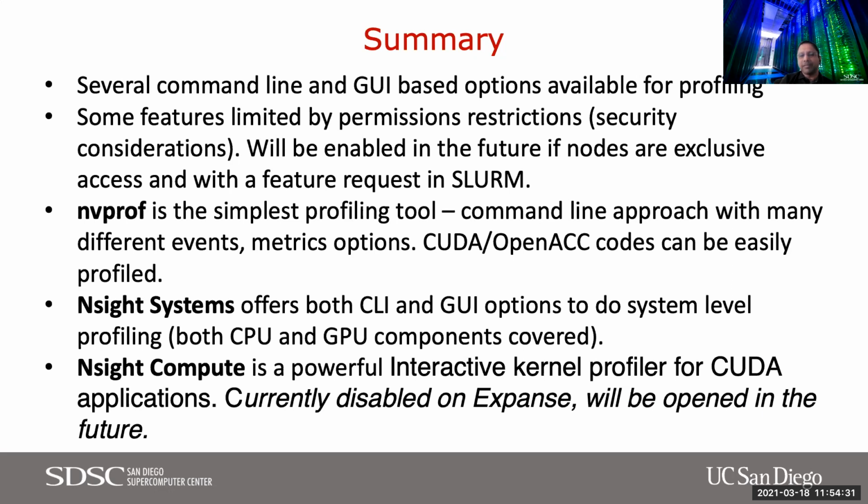So if you want to do something quick, I would say use NVProf. And there are several options to profile just the GPU piece or the CPU piece, API calls, and so on. And there's a dependency check you can do, and all sorts of options even at the command line. And you can easily profile OpenACC codes using this.